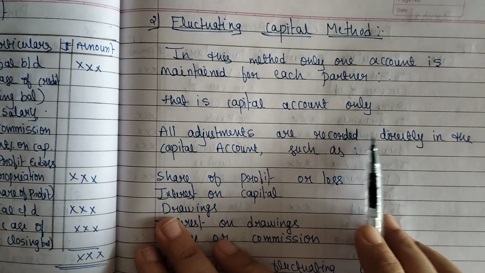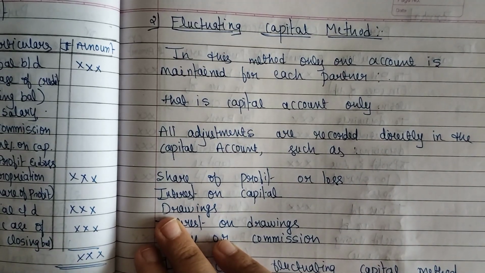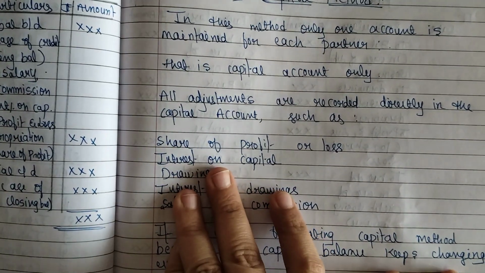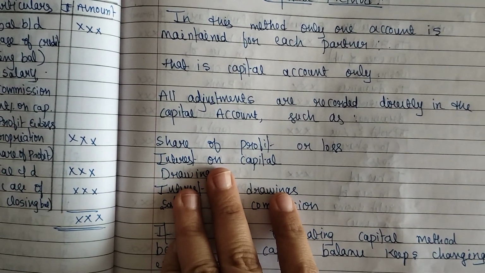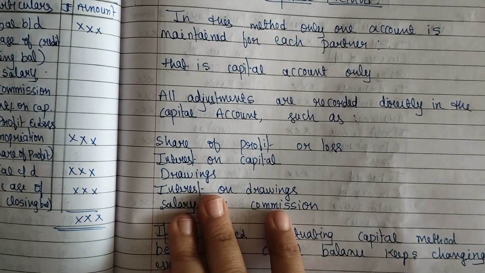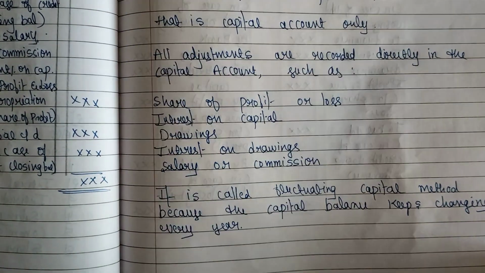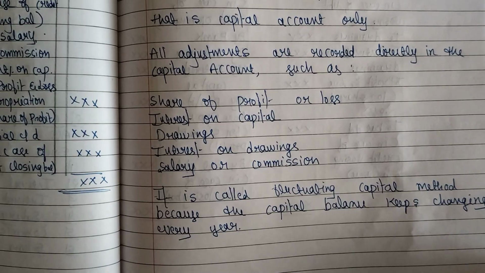Unlike fixed capital, there are no two accounts; here only one account is maintained for each partner, named the capital account. And all adjustments are recorded directly in the capital account, such as share of profit or loss, interest on capital, drawings, interest on drawings, salary or commission.